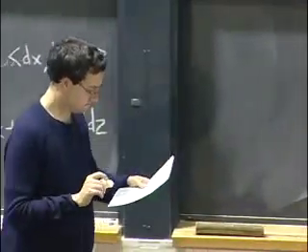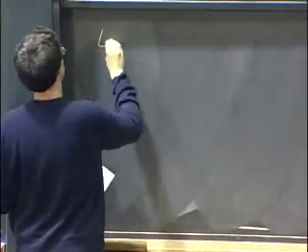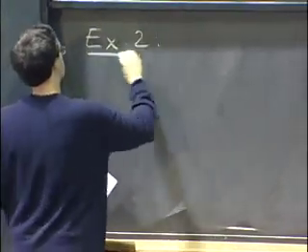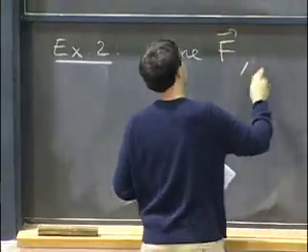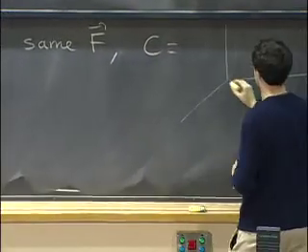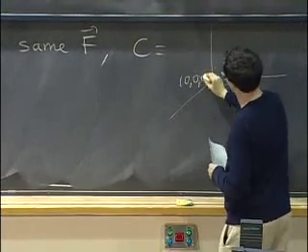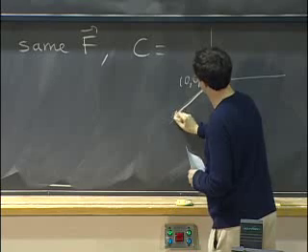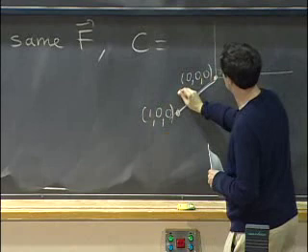So, because we can do a bit more practice, let's do another one where we do the same vector field F, but our curve C will be going from the origin to the point 1, 0, 0 along the x-axis. So let's call that C1.